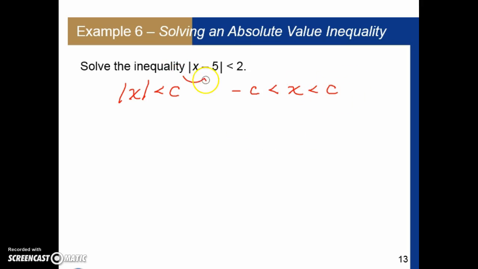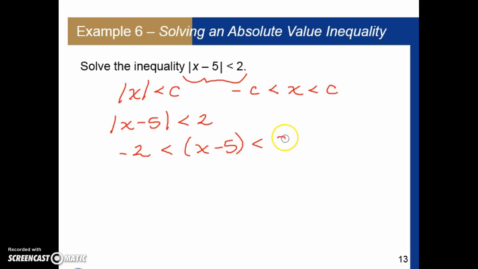So let's take that and let's use this. If I have the absolute value of x minus 5 has to be less than 2, it's equivalent to saying that the quantity x minus 5 has to lie in between 2 and negative 2. The distance on the real number line from 5 can be no more than 2 units.